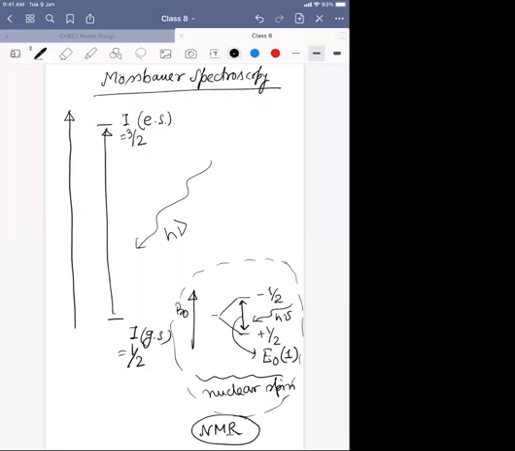So the whole nuclear state is changing, not only the spin state. And this is known as Mossbauer spectroscopy.